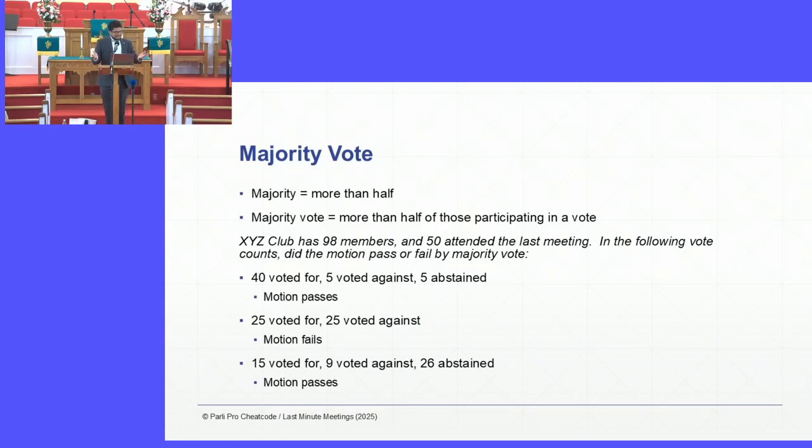The next question that I will get is, oh, well, can the chair just break the tie, right? And so how it works under Roberts is the chair does not get an extra super tie-breaking vote. What happens is the chair chooses to not vote, and then if their vote is going to impact the result, they break the tie, right?